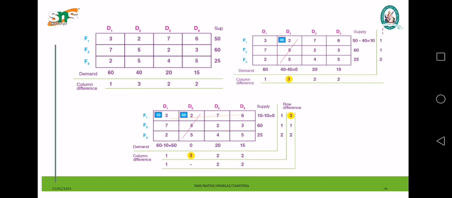Here the highest difference is the row difference 3. We take the row F1, minimum of F1 is 3. F1's supply and D1's demand are 10 and 60, minimum is 10. So we take 10 and subtract the 10 from demand and supply. We get 10 minus 10 is equal to 0, 60 minus 10 is 50. Proceed as follows.